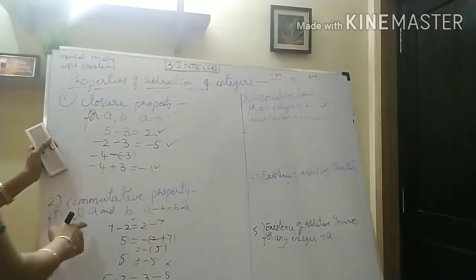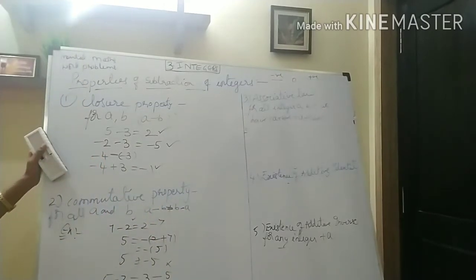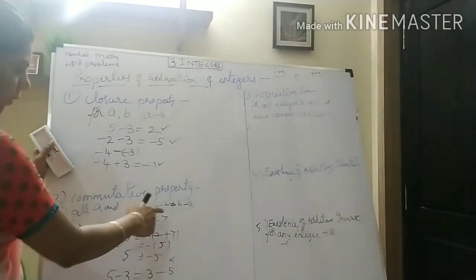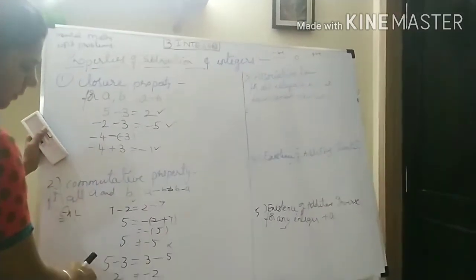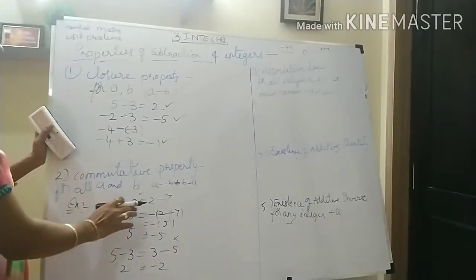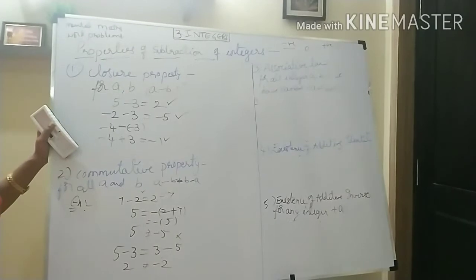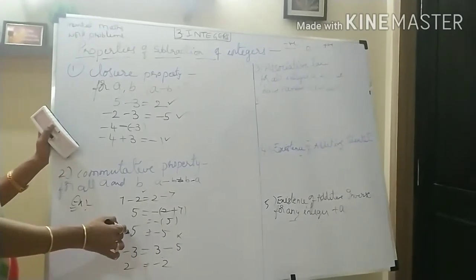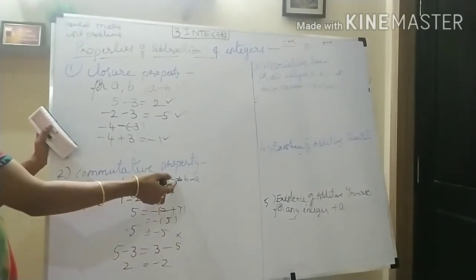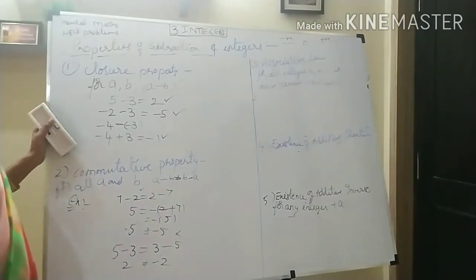Our result is that the commutative property is not possible here. Understood this one? After that I am writing why, because first we have to understand with examples. So we are getting the same result with a negative sign. That means plus 5 is not equal to minus 5, so this is not possible. a minus b is not equal to b minus a.